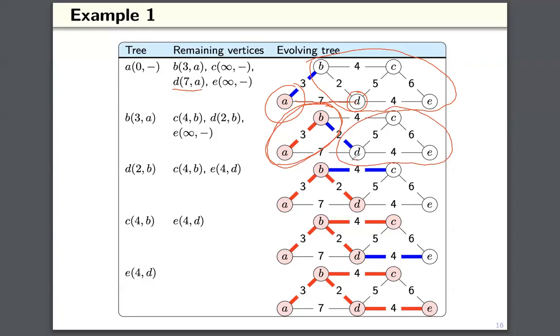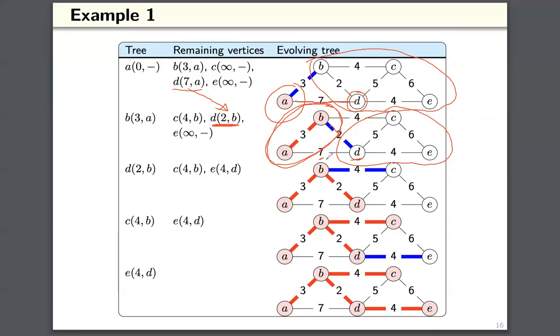Now look at the distance of D. 7 or 2. We updated the value as 2 because the nearest vertex to D that is inside the tree is not A, it's B now. Hence, we updated all these values.